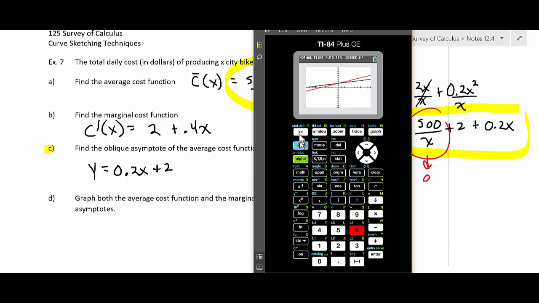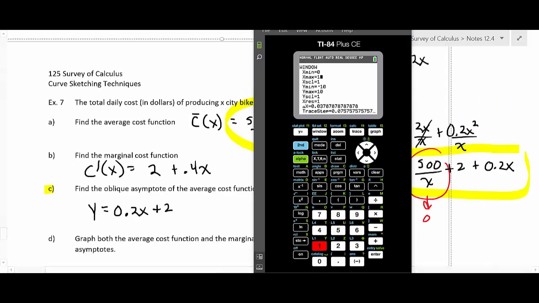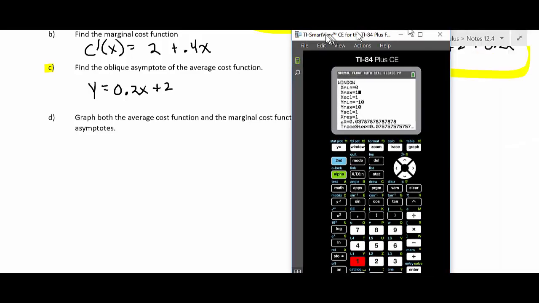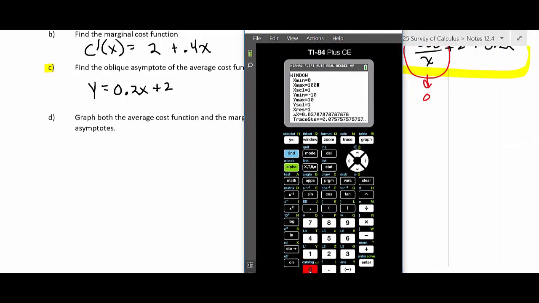Now what I'm going to do is adjust the window out a little bit. When we do the window, we want x-min to be 0 because that's production. It's got to be a positive number. Now let's take that out a little bigger. I'm just going to take kind of an educated guess here. I don't think I gave you a domain on this, did I? Okay, so let's go to like 100 and maybe scale that by 10.